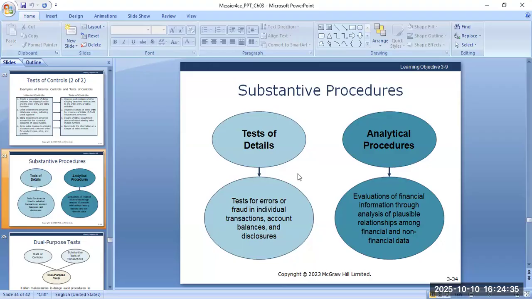In the analytical procedures, we're going to evaluate the financial information through the analysis of plausible relationships among the financial and non-financial data. So basically, through the financial and non-financial data, if we see some irregularities, that's how we're going to trigger some audit procedures to look into them. Those are called analytical procedures.